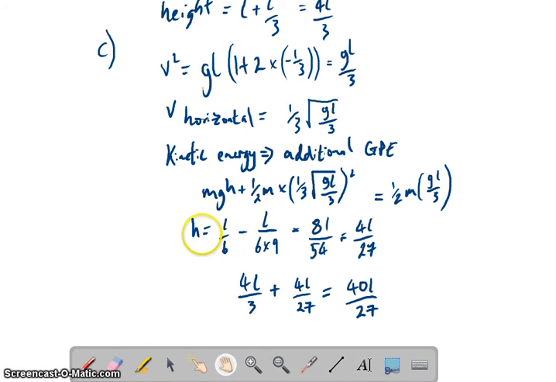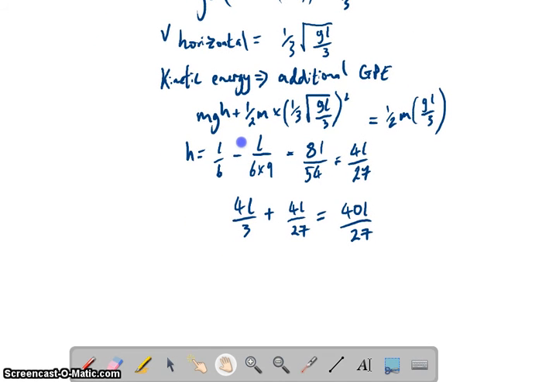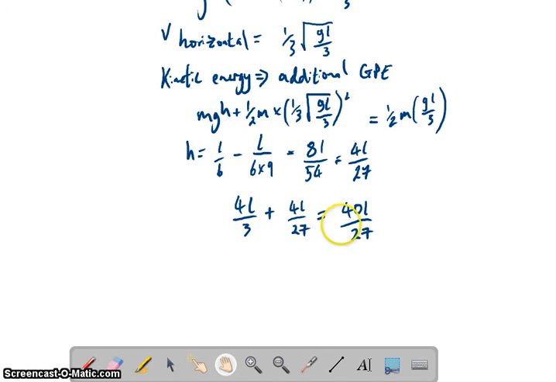Now when we look at the height, we've got this little height equation here, and continuing, we get a nice final answer of 40L over 27. So this is our final answer for the height reached.